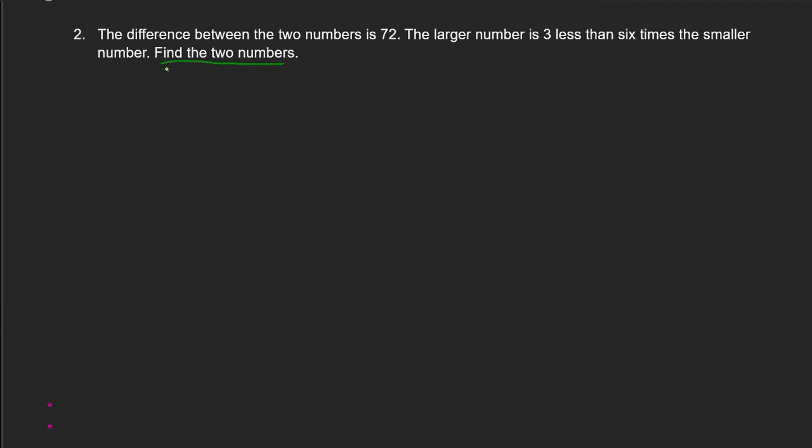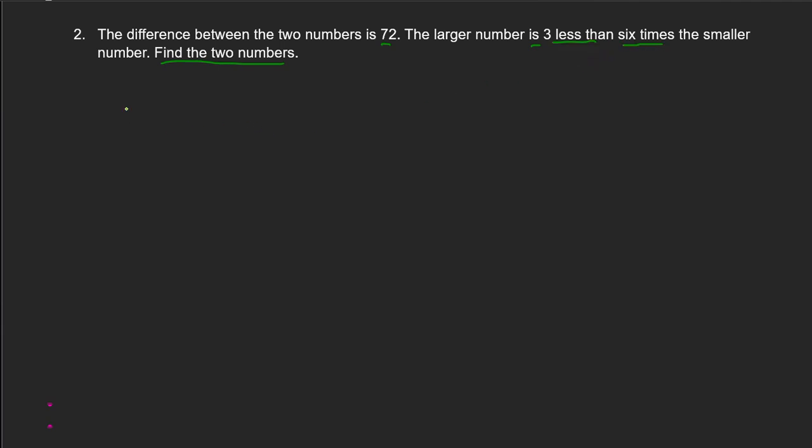Now, the first case is the difference between the two numbers is 72. When we say difference, that is a subtraction. Pag i-subtract po daw natin yung two numbers, the result will be 72. Pero, yung condition po dito is the larger number is 3 less than 6 times the smaller.